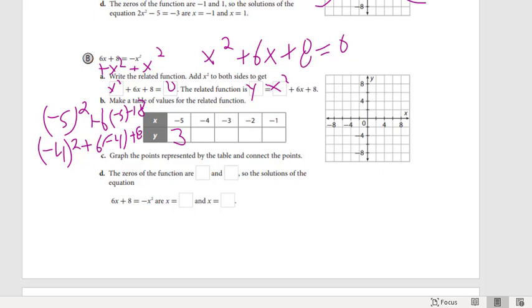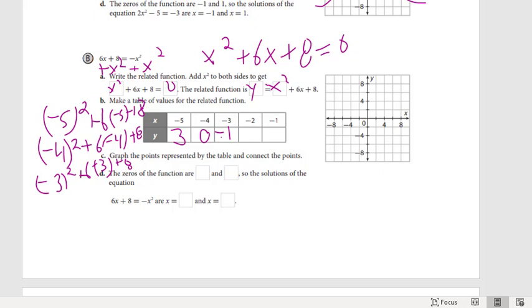So 16 minus 24 is negative 8, plus 8 makes that 0. Put in negative 3. Negative 3 squared plus 6 times negative 3 plus 8. And 9 minus 18 is negative 9, plus 8 makes negative 1.